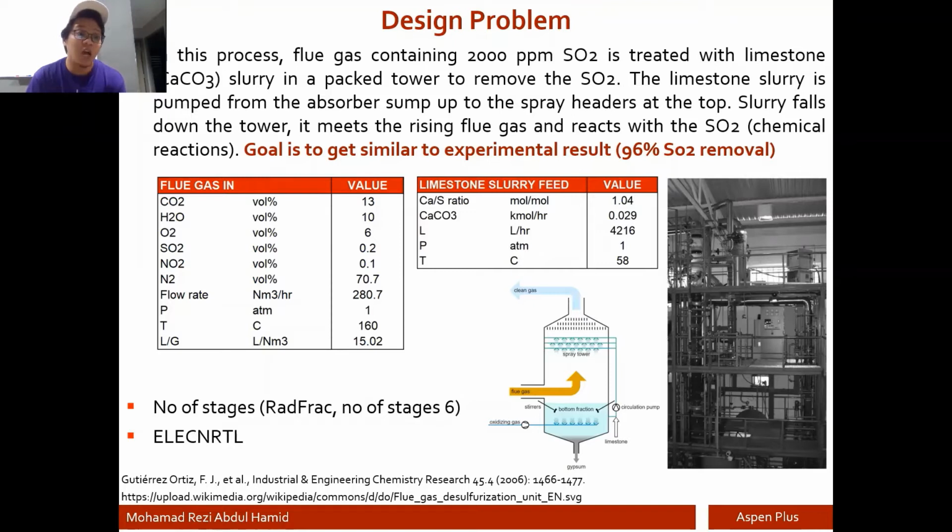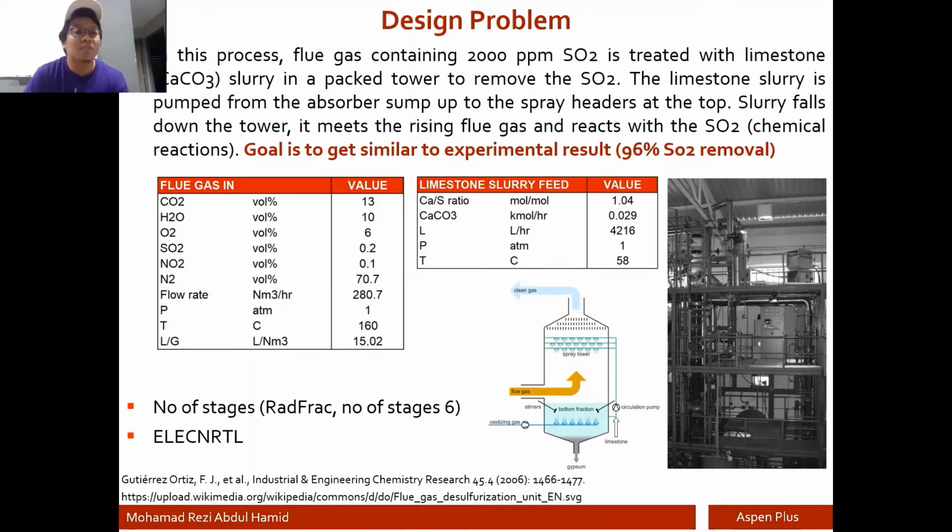As I mentioned just now, the limestone slurry will be pumped onto the top of the column, and it will fall down by gravity, and then the flue gas will enter from the bottom of the column, and because it has a low density, it will rise up, and the calcium carbonate slurry will meet the rising gases, and an electrolyte reaction will happen, resulting in sulfur dioxide being removed from the flue gas.